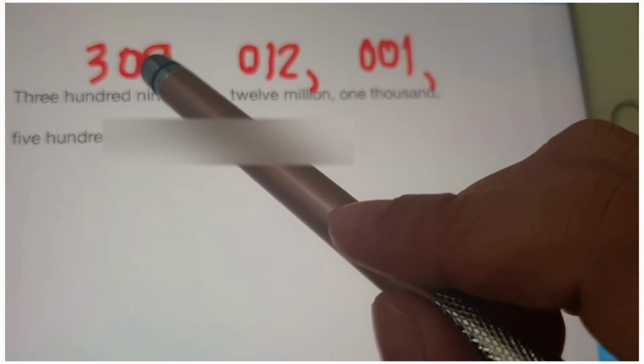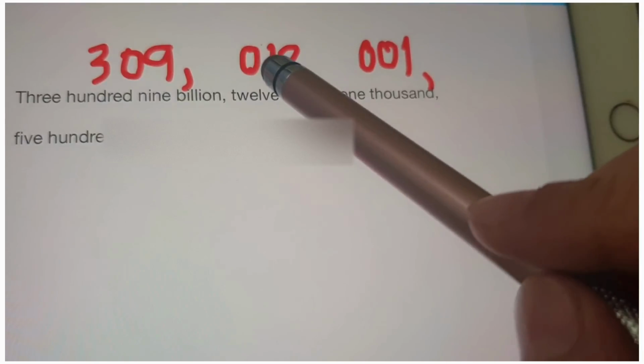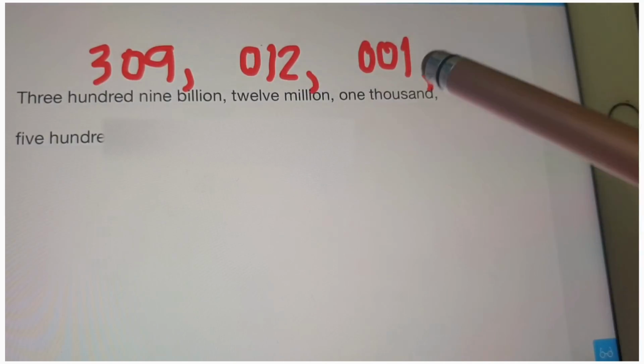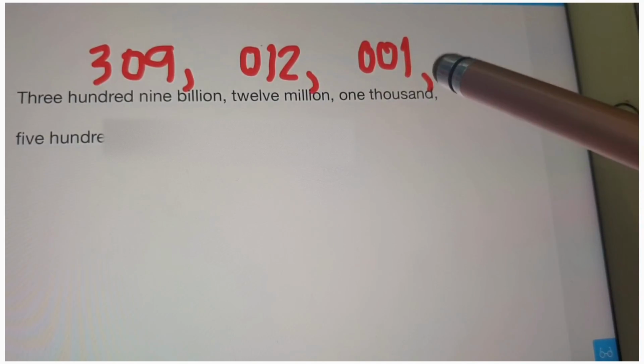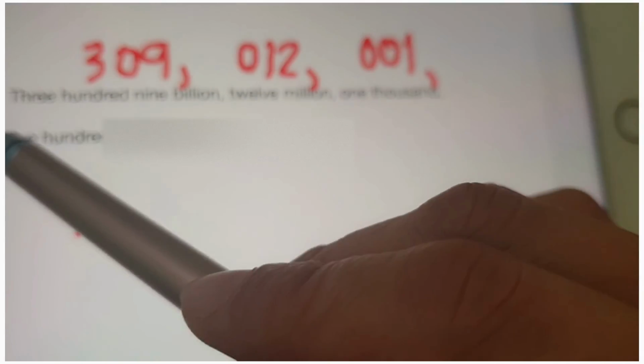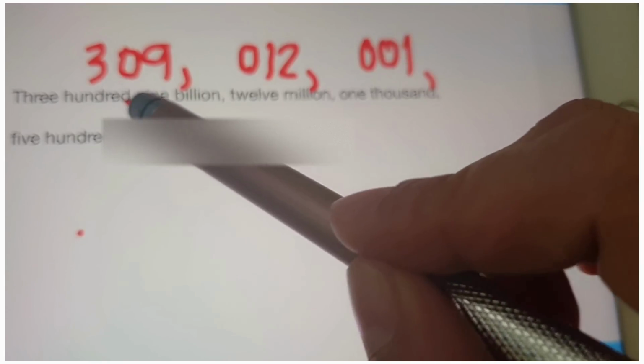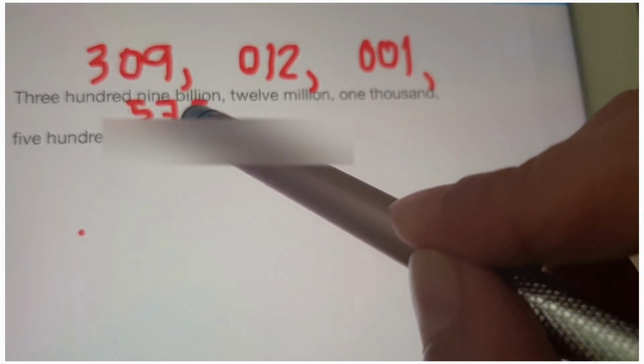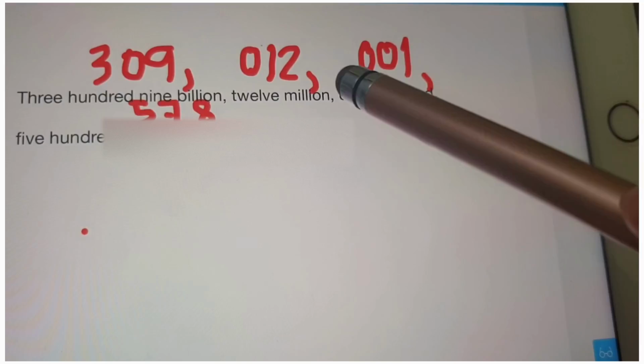So 309 billion, 12 million, 1,000. So 1, 2, 3, comma, 1, 2, 3, comma, 1, 2, 3. And then 578. So this is the standard form.